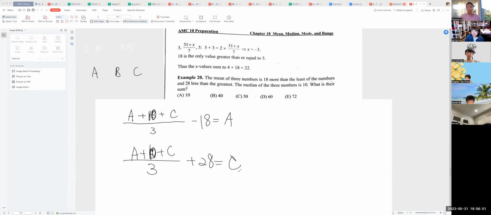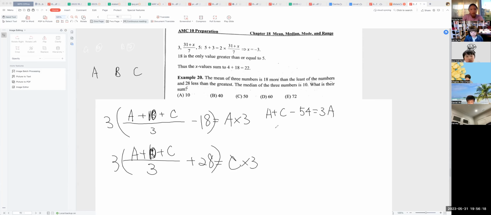Correct, everybody? Okay, so we have A plus C minus 54 equals 3A. I'm going to times 3 for both left side and right side. And this one, I'm going to times 3 as well. So it's A plus C plus 84 equals 3C. Correct? So putting them together, C minus 54 equals 2A. So C equals 2A plus 54.